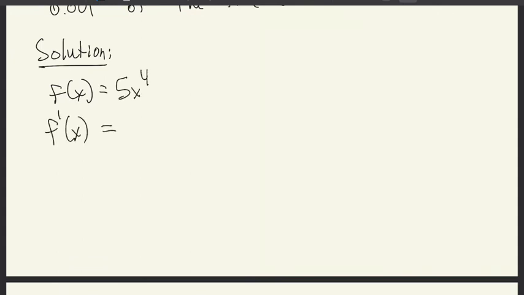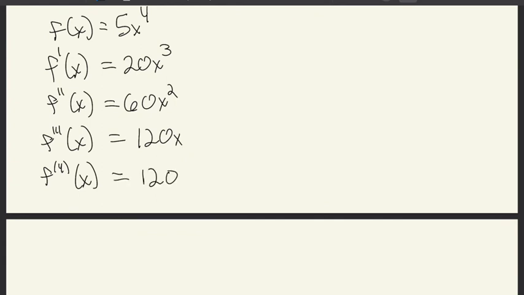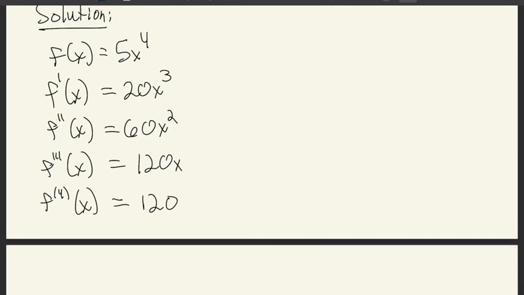So we have f of x equals 5x to the fourth. Differentiate that, you get 20x cubed. Differentiate that, you get 60x squared. The derivative of that is 120x. So the derivative that we are interested in is just 120.